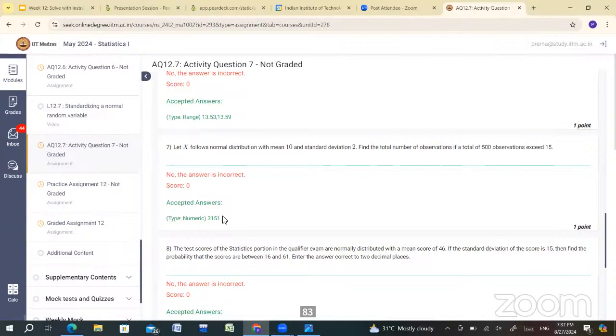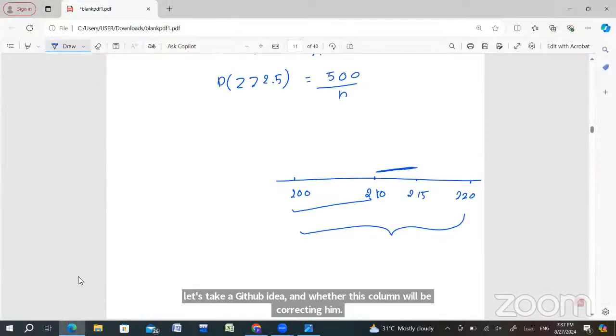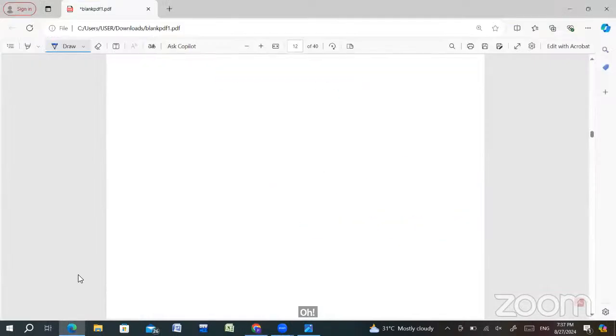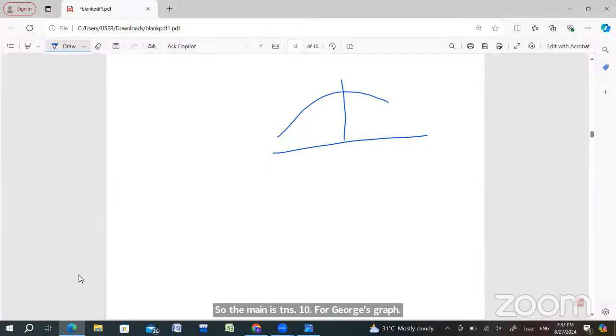Okay, let's take a rough idea and see whether this value will be correct or not. The mean is given as 10, if I draw its graph. One standard deviation will be 12, two standard deviations will be 14.